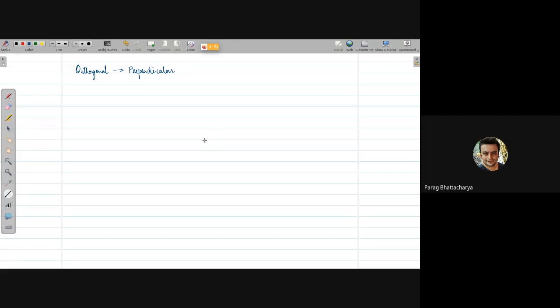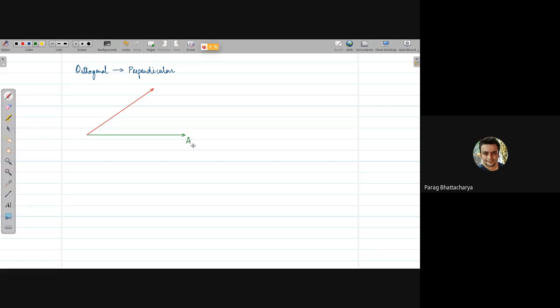So let us say I have two vectors here. This is one vector, and this is another vector. As you can see, these two vectors definitely are not perpendicular to each other.